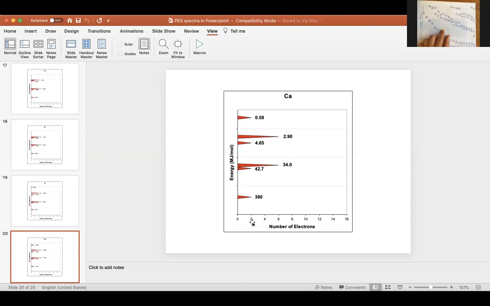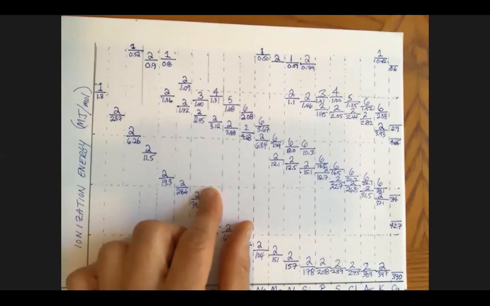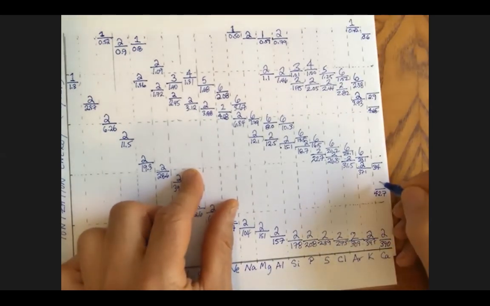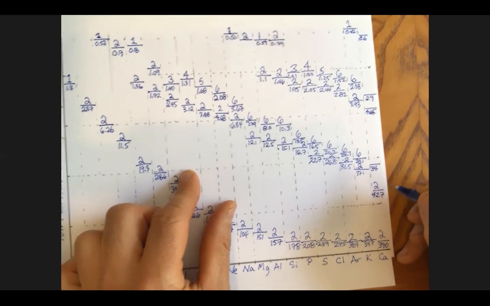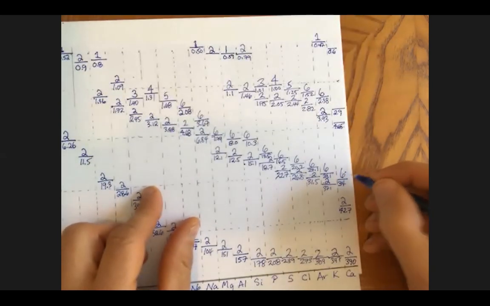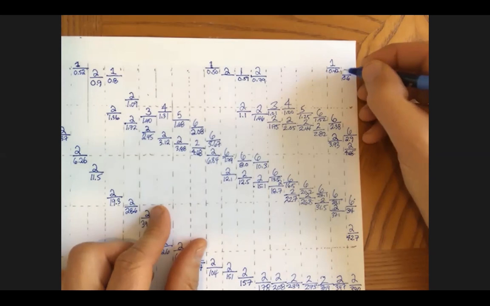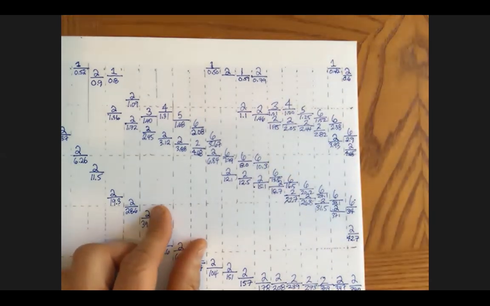And I read this as being 2 electrons, 2 electrons, 6 electrons, 2 electrons, 6 electrons, 2 electrons. Yep. Got that too. So 2 electrons, 2 electrons, 6 electrons, 2 electrons, 6 electrons, 2 electrons.